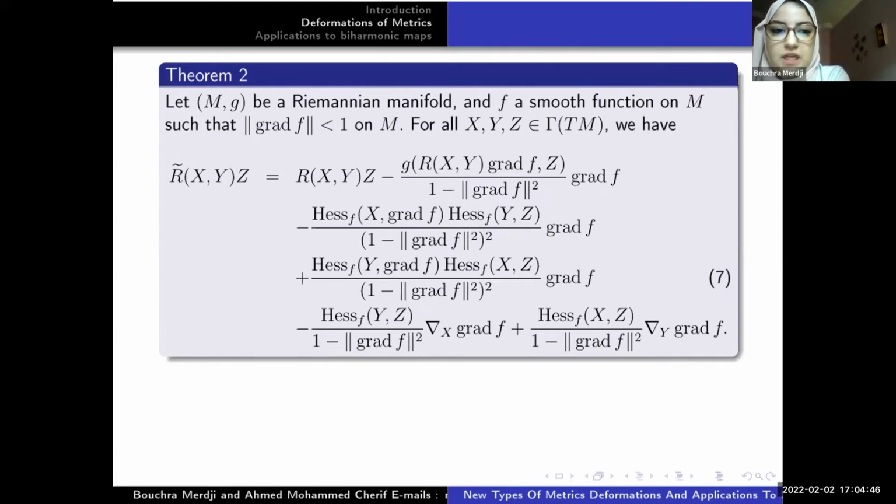And as you can see, there is a relationship between the curvature tensor R tilde and the curvature tensor R. To obtain this result, we have a simple calculation. We use the definition of the curvature tensor and the definition of the deformation metric that we have mentioned before.